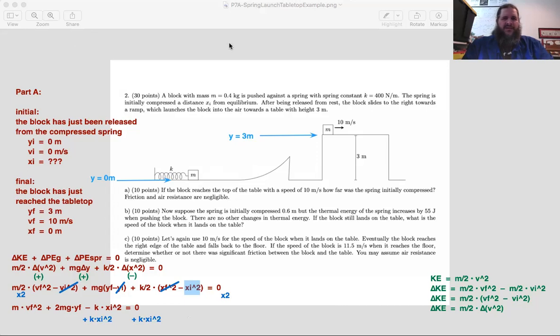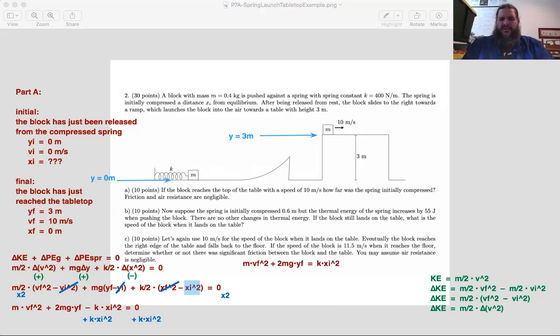So that gives us, moving up to a new line, mass times v final squared plus 2mg y final equals k times x initial squared.